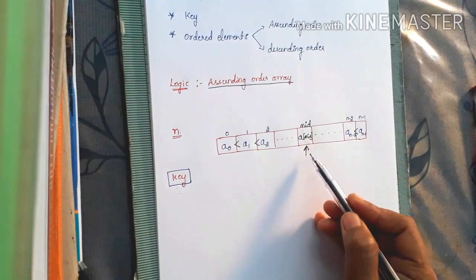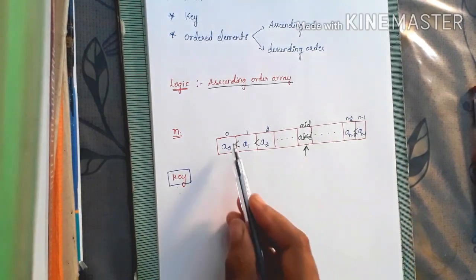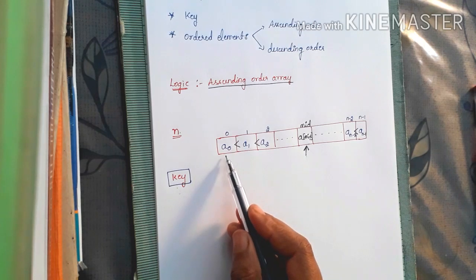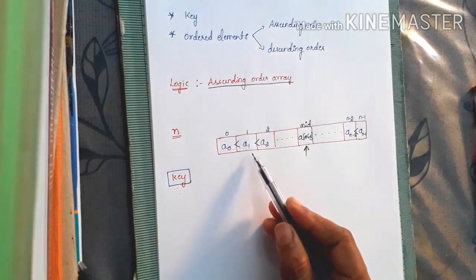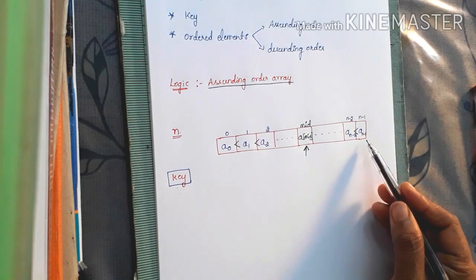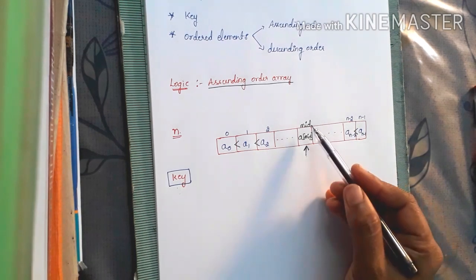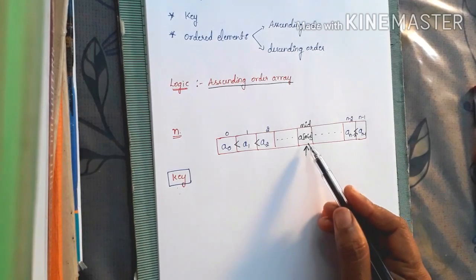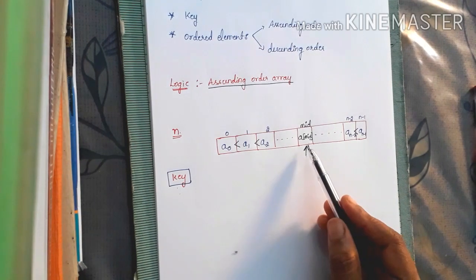Mid is the position of the middle element, like 0 is the position of the first element, 1 is the position of the second element, and n minus 1 is the position of the last element. Like that, mid is the position of the middle element. So the middle element is A of mid.